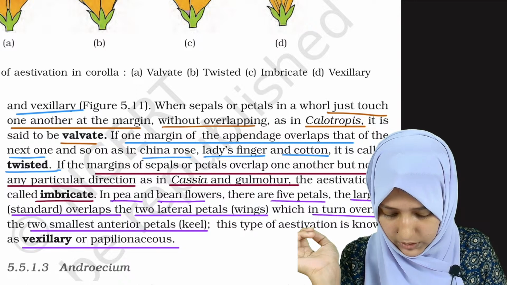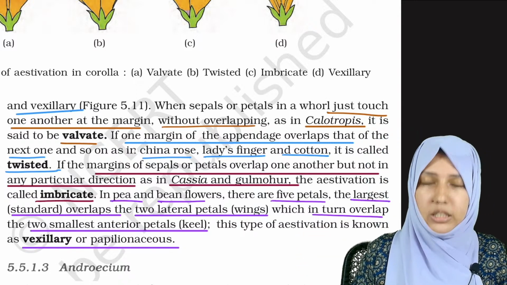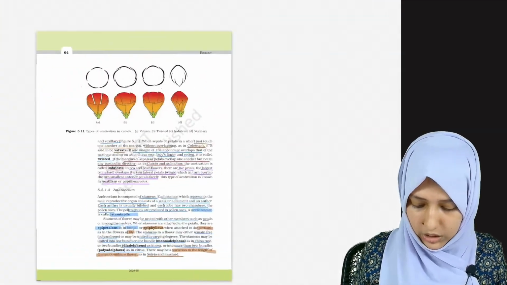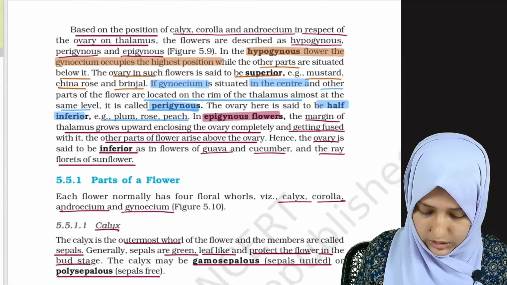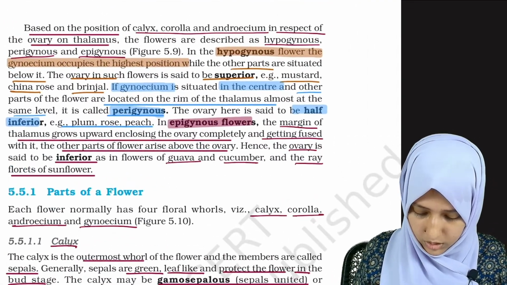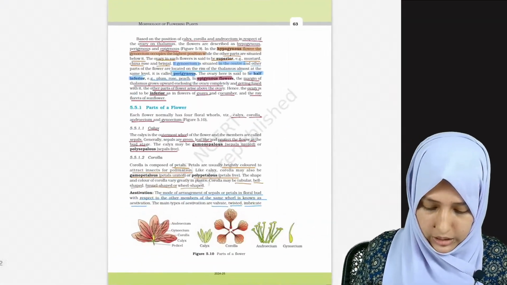The arrangement is twisted. If one margin of appendage overlaps the other, it is seen in twisted. So twisted arrangement, and which type of ovary is it having? It is having superior type of ovary.